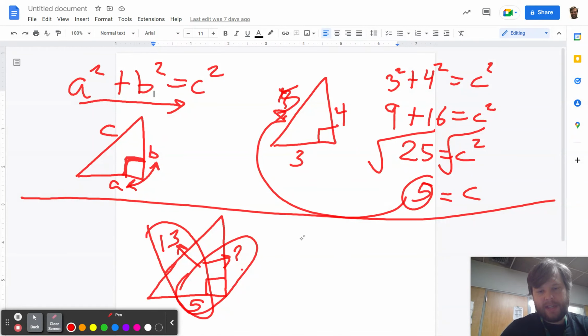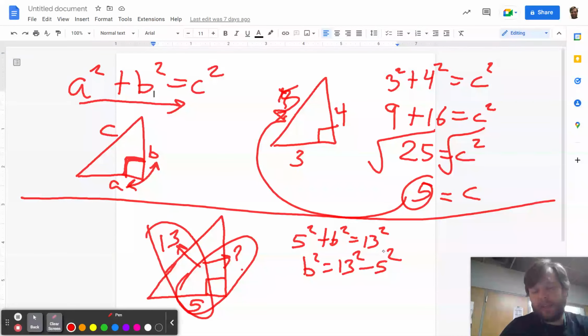So I can set it up 5 squared plus b squared equals 13 squared. Some people like to set it up that way. Or if you want, you can just skip right to this second step where we're doing hypotenuse squared minus leg squared like that. And so then that comes out to be 13 times 13 is 169. 5 times 5 is 25.